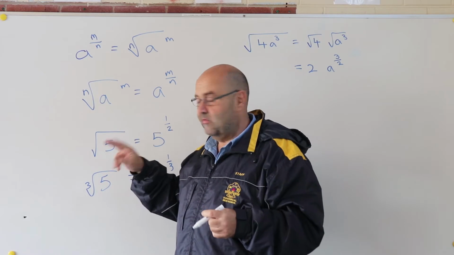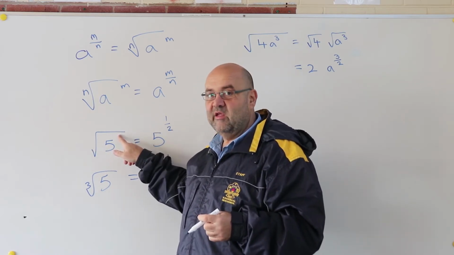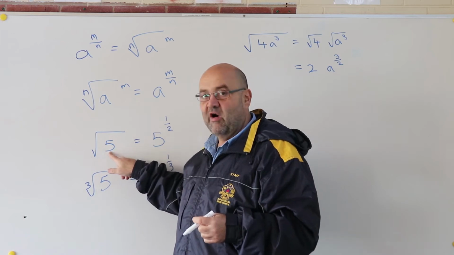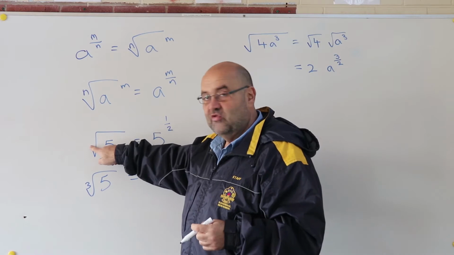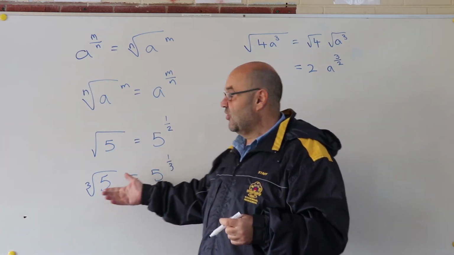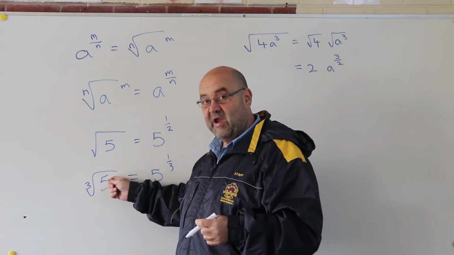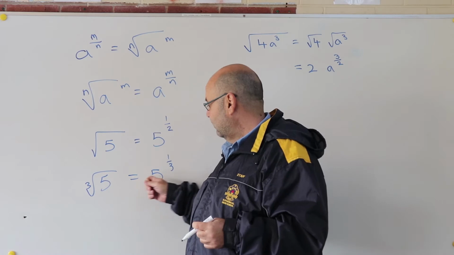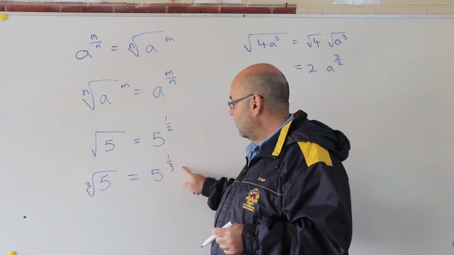In other words, there's a 2 in there and a power of 1 over here. So the square root of 5 is 5 to the power of 1 over 2, 5 to the power of a half. The cube root of 5 is 5 to the power of 1 over 3.